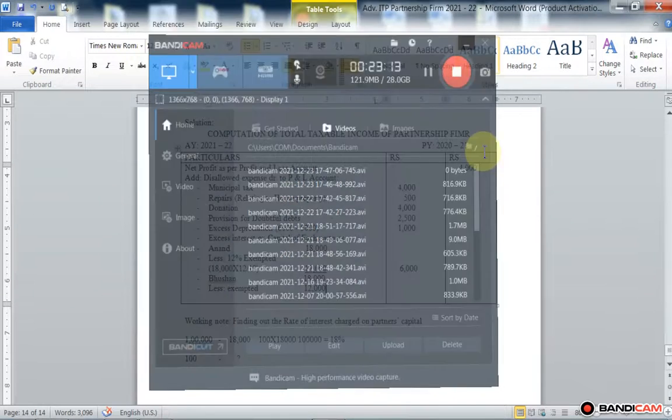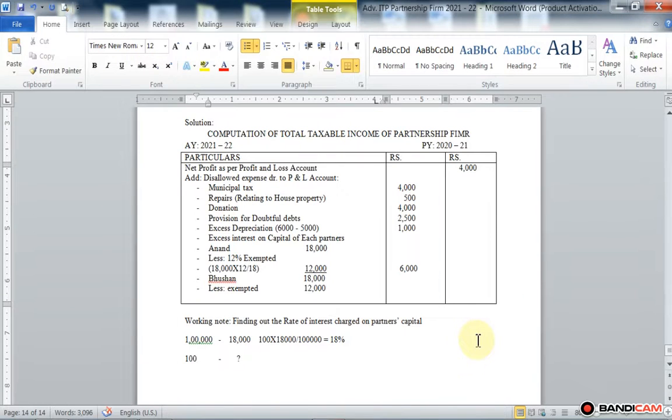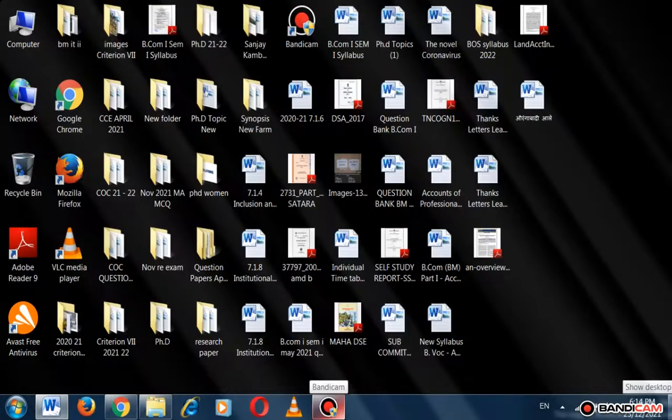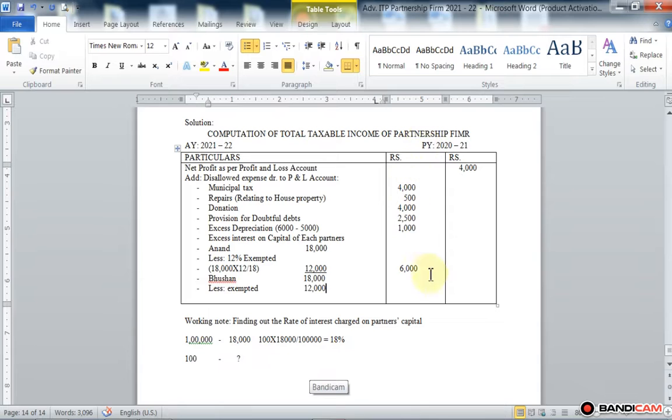Now here we take into consideration all disallowed expenses, amounting to rupees 6,000. Now make the total of the inner column.